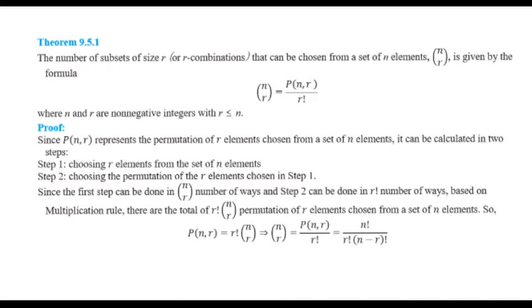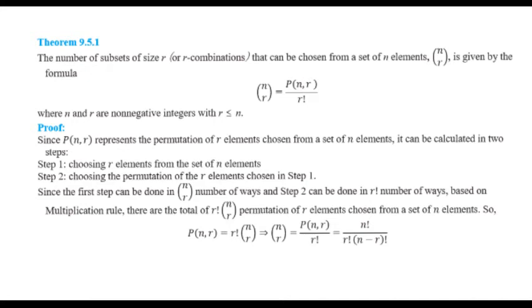This step can be done in R factorial different ways. So based on the multiplication rule, there are a total of R factorial times n choose R permutations of R elements chosen from a set of n different elements, correct?